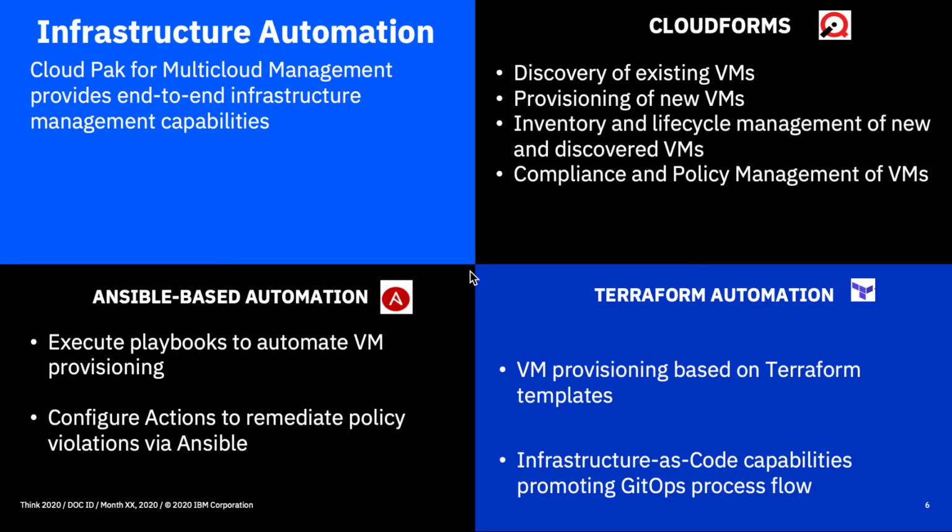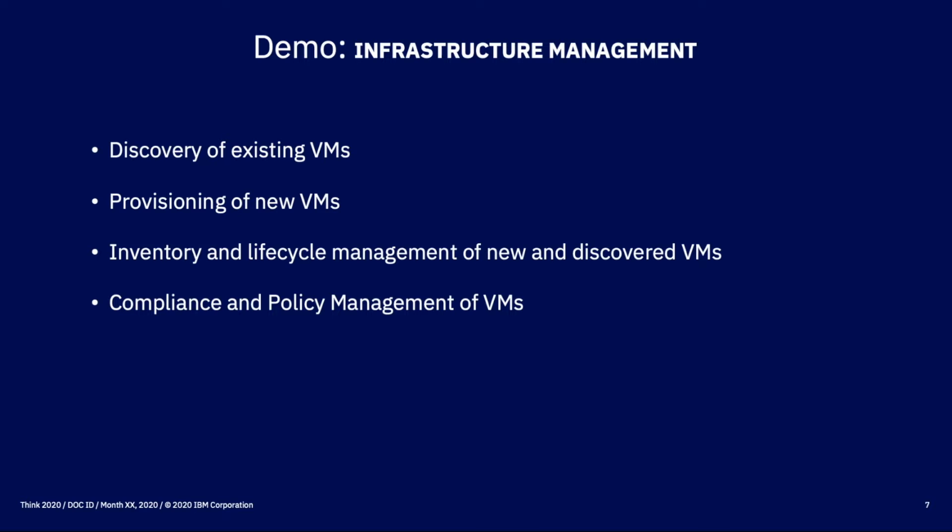As you can see, Cloud Pak for MultiCloud Management has a rich set of capabilities for your entire infrastructure management. Now let's see a demo to see some of these infrastructure management capabilities within the Cloud Pak for MultiCloud Management.